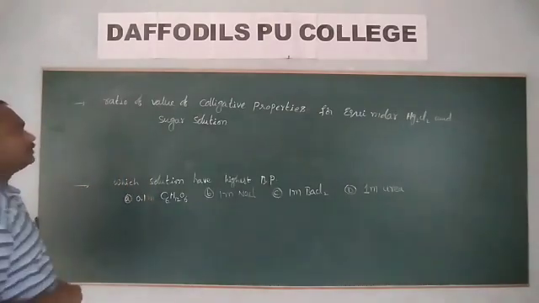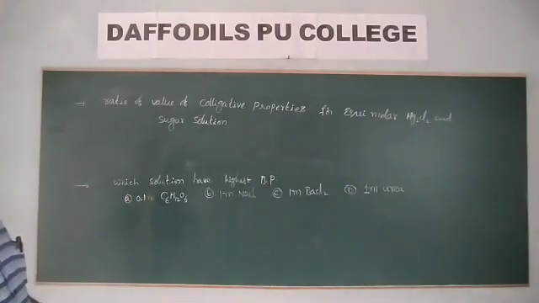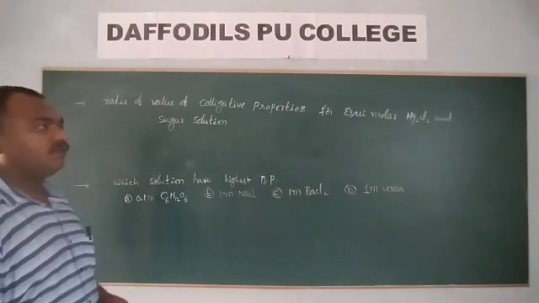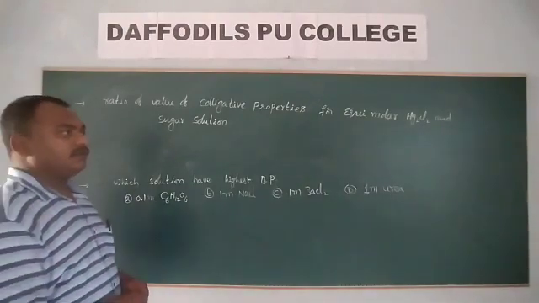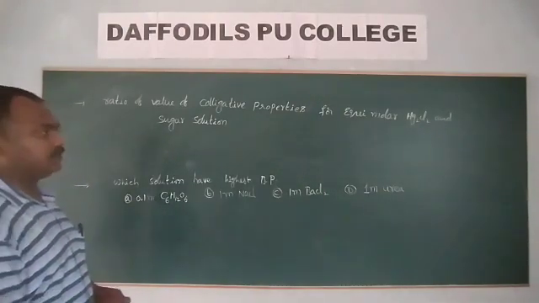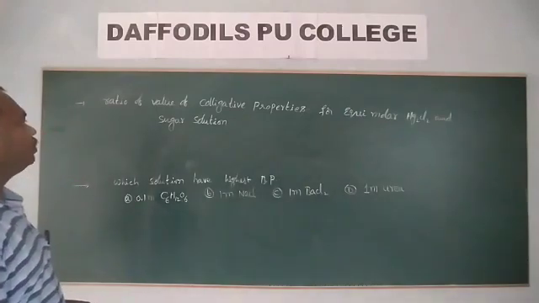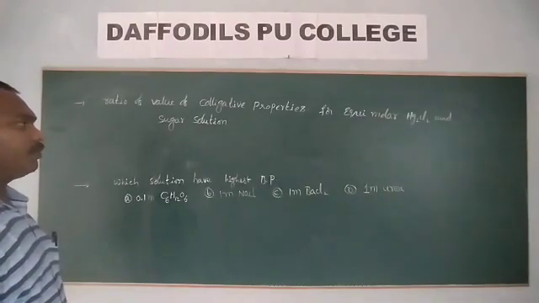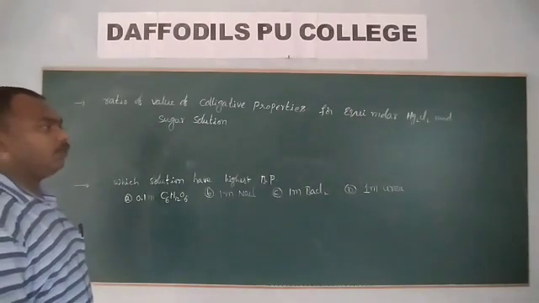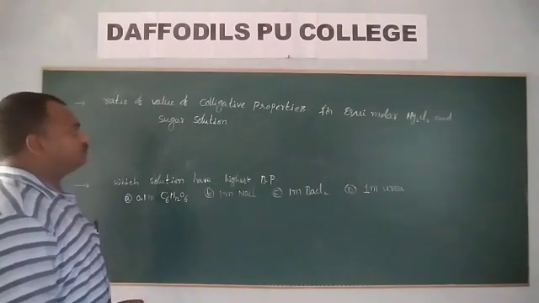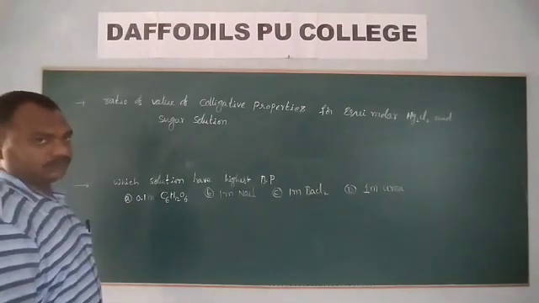The next one is the ratio of values of colligative properties for equimolar mercurous chloride and sugar solution. Ratio of values of colligative properties for equimolar Hg2Cl2 and sugar solution.